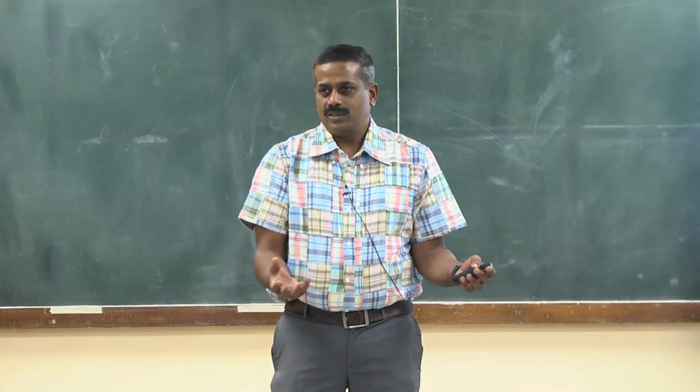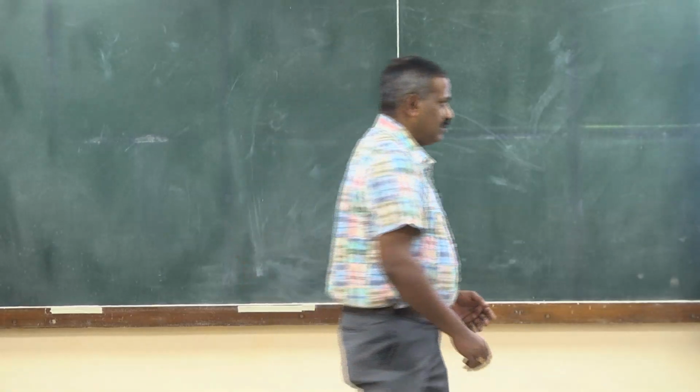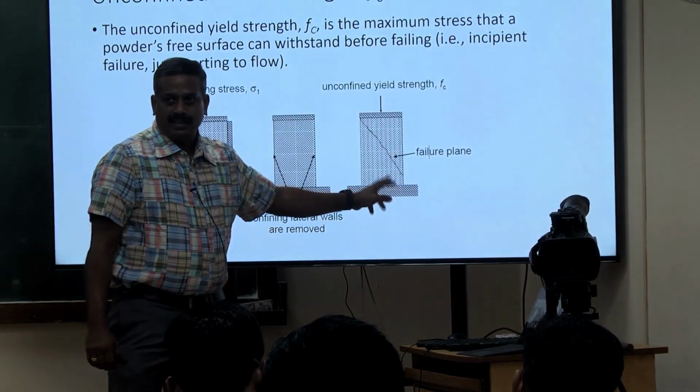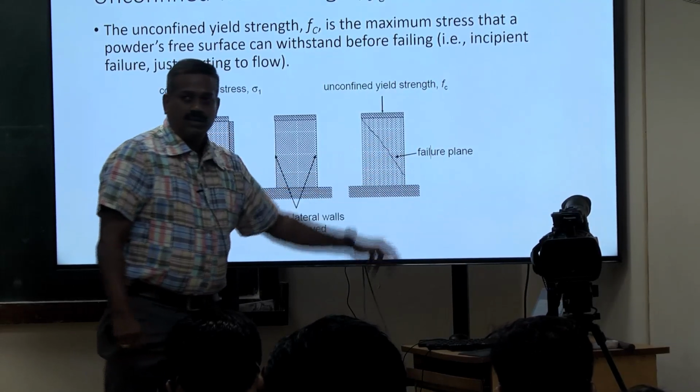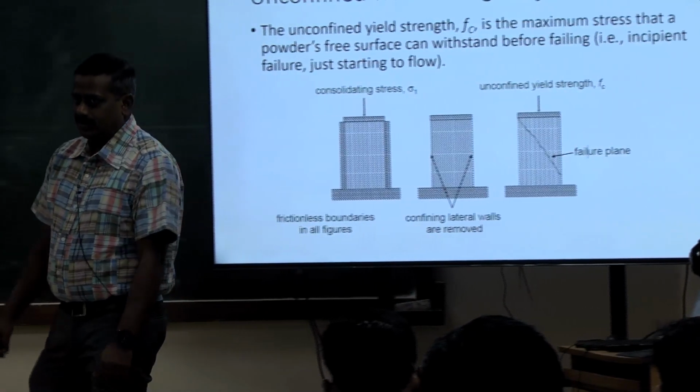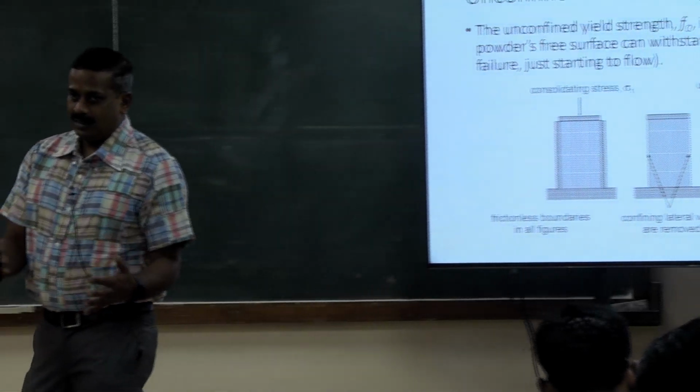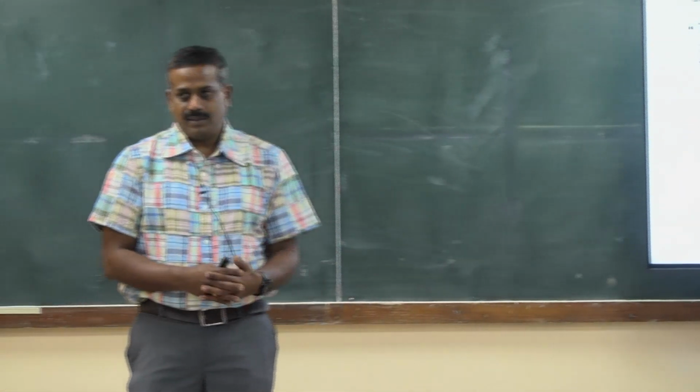So then the powder has to flow. Exactly that's what it's correlating here. You're opening the bin walls, bin opening, and allowing the powder to flow. And at what strength the powder flows is what we are measuring.